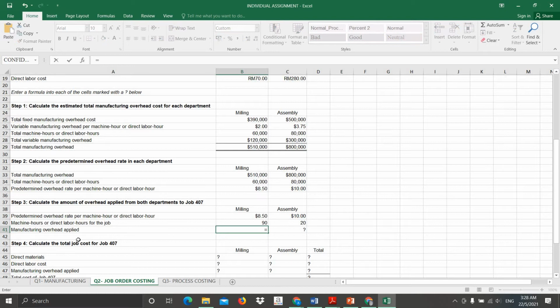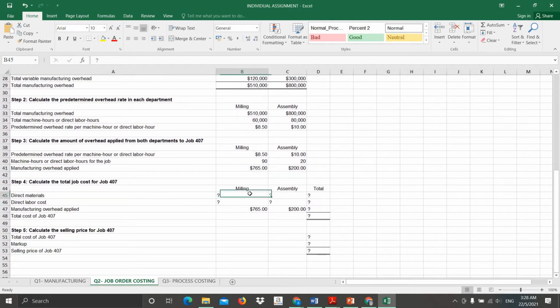So to get manufacturing overhead applied, we times the predetermined overhead rate with machine hours for milling department, and for assembly department, we times with direct labor hours.